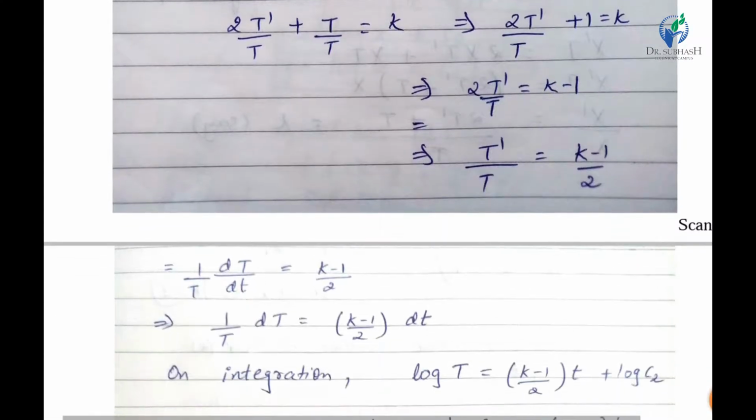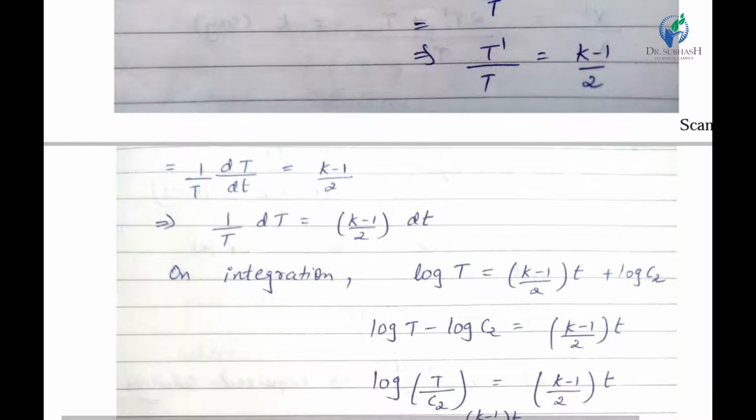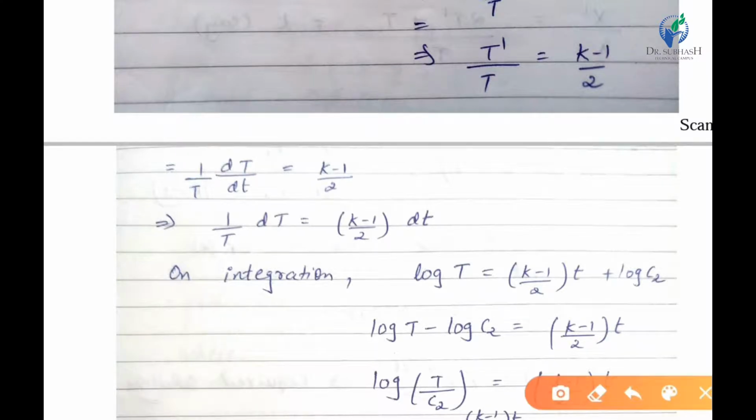Now again, what is t dash? T dash is dt upon dt, which is equal to k minus 1 upon 2. Now taking dt to the other side, we get 1 upon t dt equal to k minus 1 upon 2 dt.